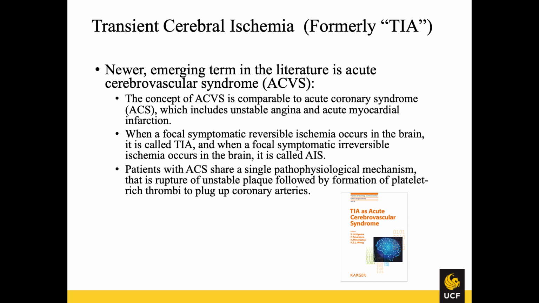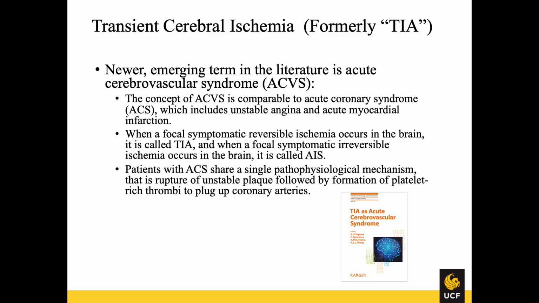ACVS is defined basically when a focal symptomatic reversible ischemia occurs in the brain. We call that a TIA. And when a focal symptomatic irreversible ischemia occurs in the brain, we call it AIS.